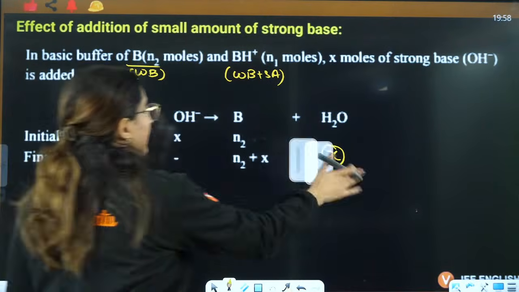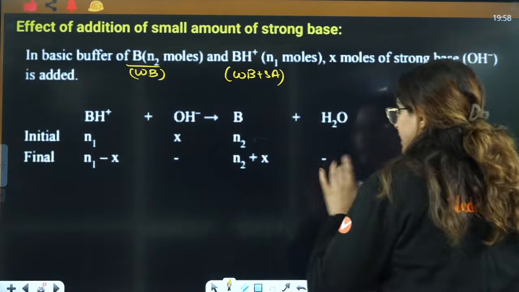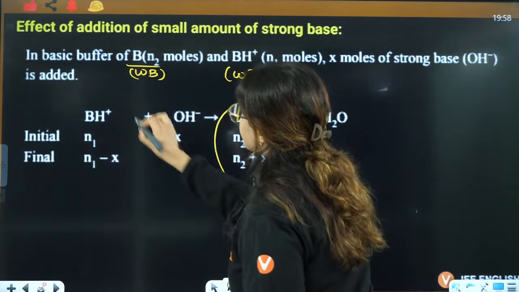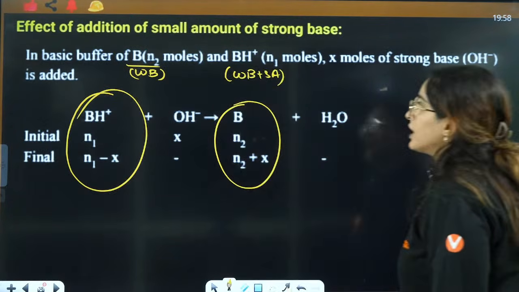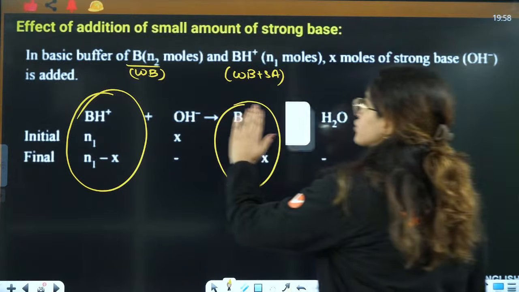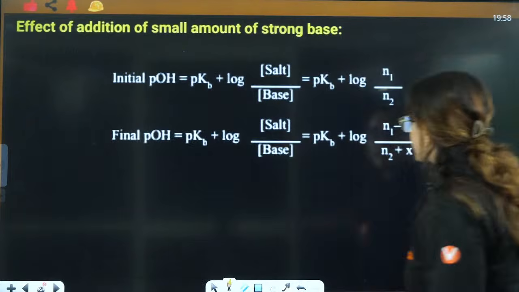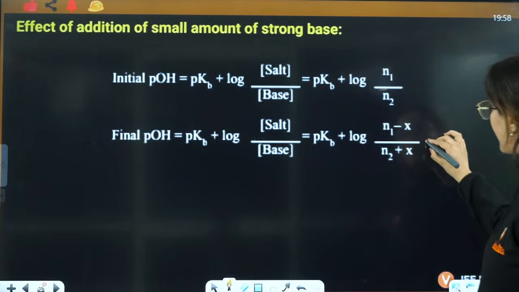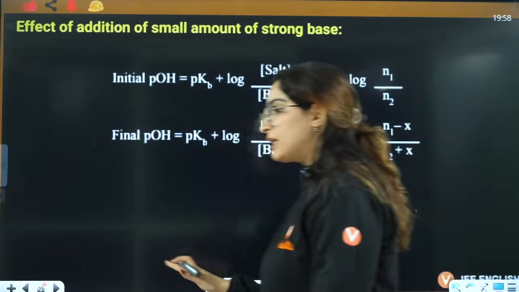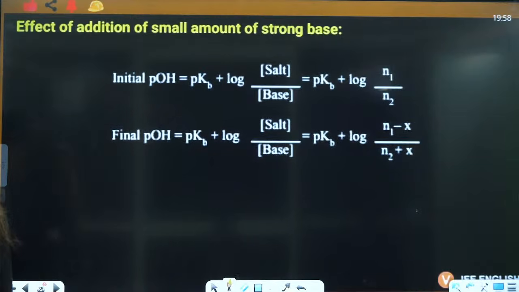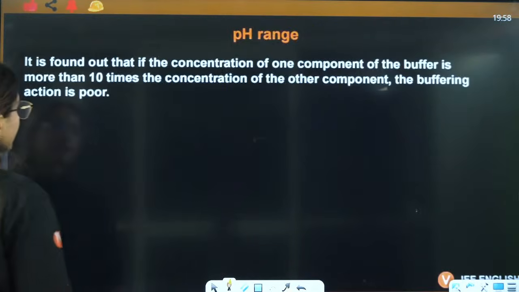And that is the reason in the end your weak base and strong acid salt concentrations have changed a little bit, minus and plus, and that is the overall new effect that you have. Tell me, is that clear, everybody?